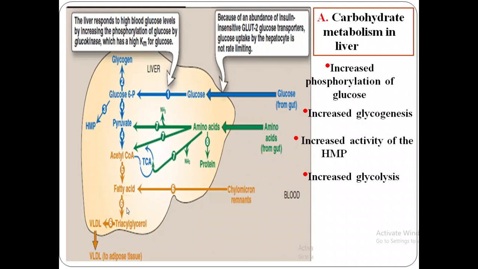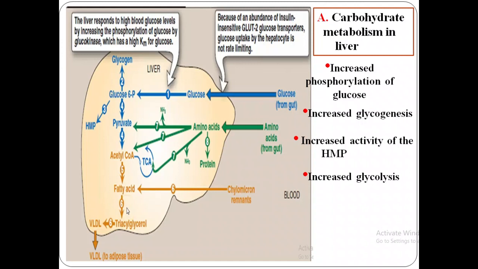I am not going into the details of how the activities of these enzymes are regulated, as this has already been covered. The acetyl coenzyme A is either used as a substrate for fatty acid synthesis, or it is oxidized for energy by the TCA cycle.